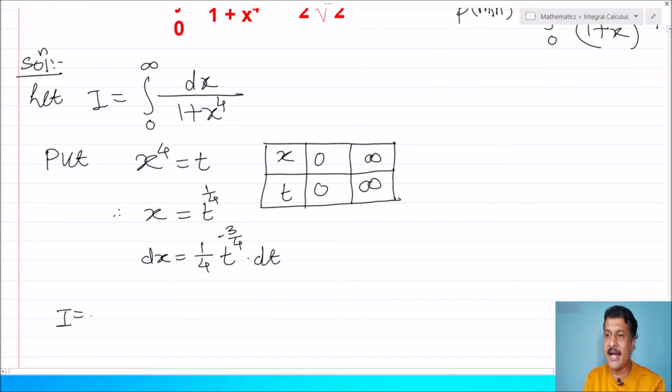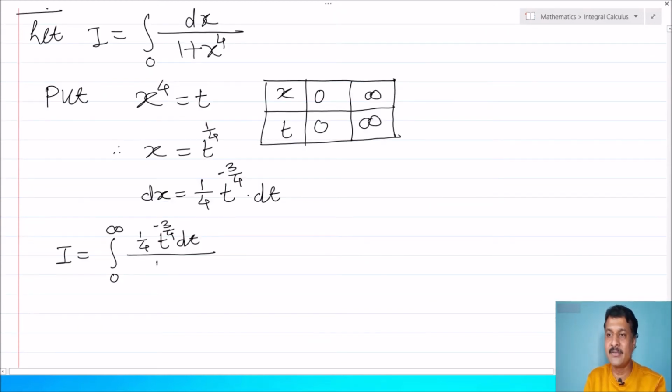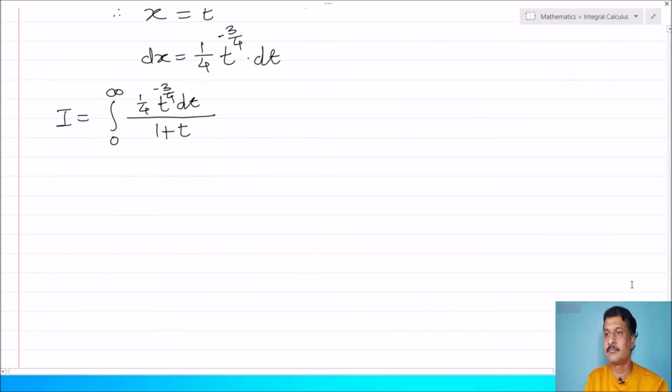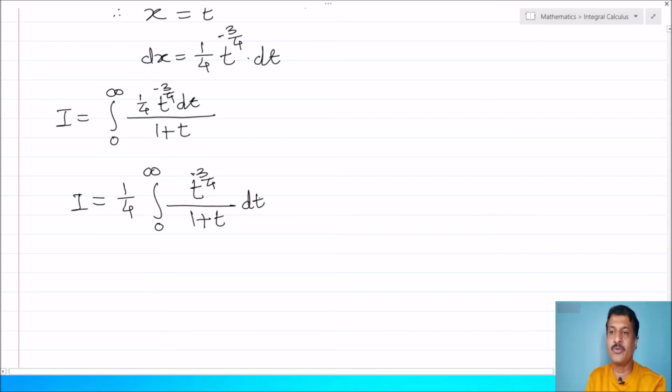I equals integration 0 to infinity of 1 by 4 t raised to minus 3 by 4 dt divided by 1 plus t. So I equals constant term 1 by 4 outside, integration 0 to infinity t raised to minus 3 by 4 upon 1 plus t into dt.